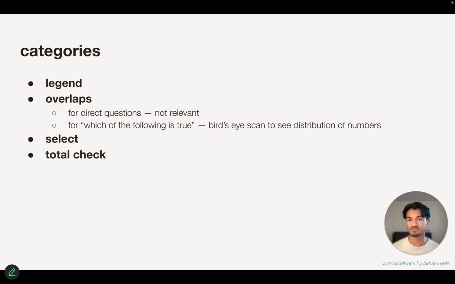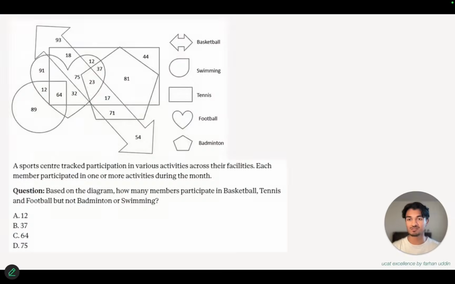Number 2 is overlaps. So for direct questions, this isn't relevant. But for questions like which of the following is true, then what I recommend is just do a bird's eye scan to see the distribution of numbers inside the categories themselves. So what this means is, have a look at here, spend 5 seconds just having a look at where those big numbers are. 1 here, 1 here, 1 here, 1 here, some here as well.